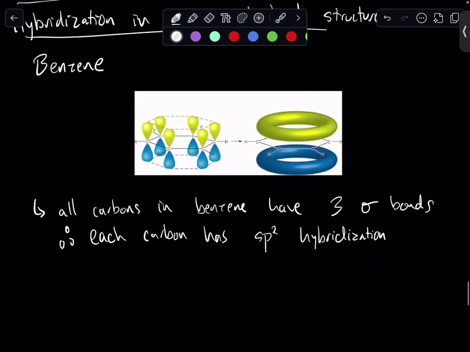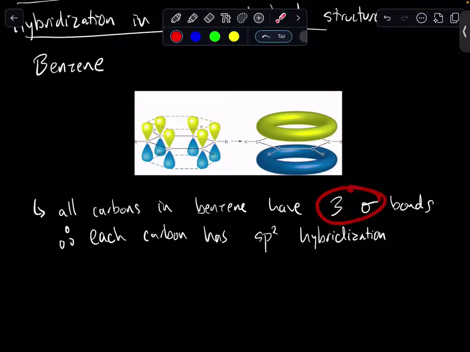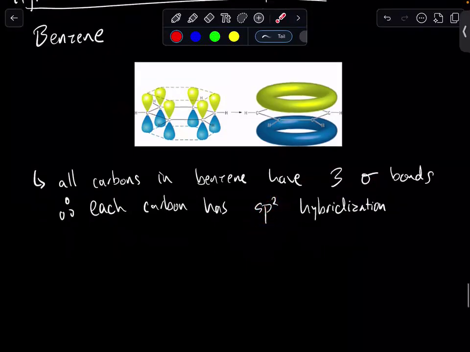You'll always note that the number of sigma bonds is always equal to the number of orbitals in the hybridization. So 3 sigma is equal to 1 plus 2. So if we have 4 sigma bonds, it would be sp3. If we have 2 sigma bonds, it would be sp. So we can just often look to bonds.